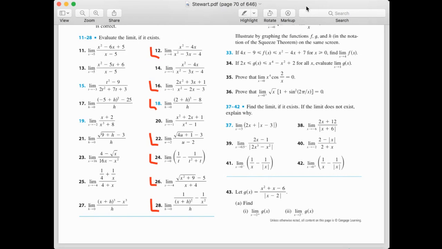Okay. So what I did was, you have (2 plus h) cubed minus 8 over h.